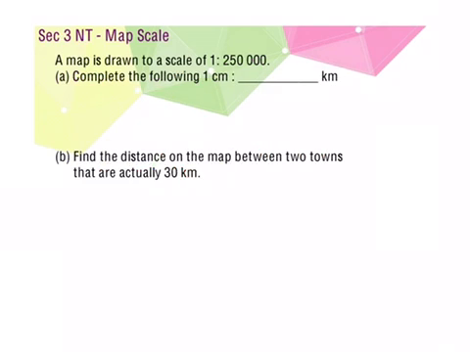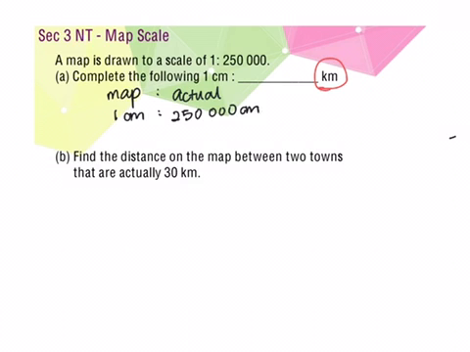Next question. A map is drawn to a scale of 1:250,000. Complete the following: 1 cm is to something kilometers. So what do we notice here? They gave us the clue that they want the actual to be converted to kilometers. Given our original scale, which is 1 under the map to actual, it is given as 1 cm is to 250,000 cm.